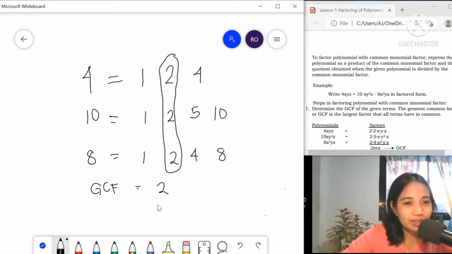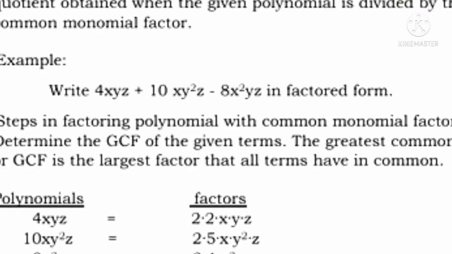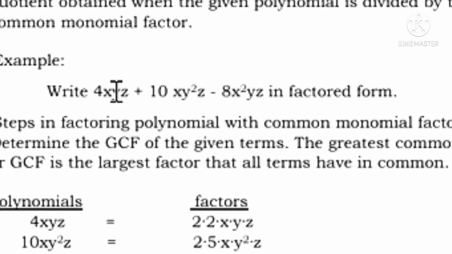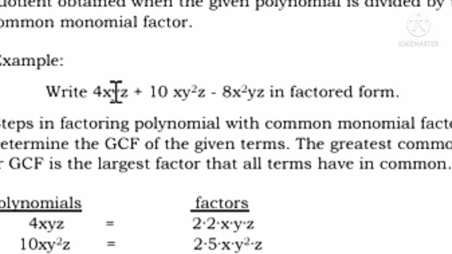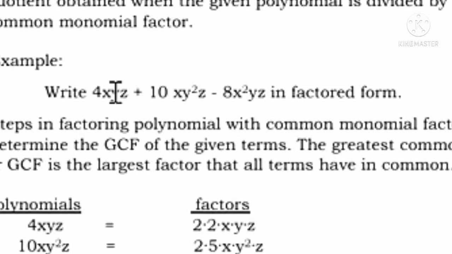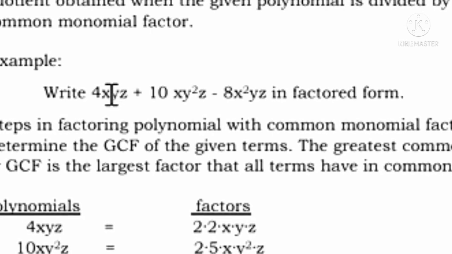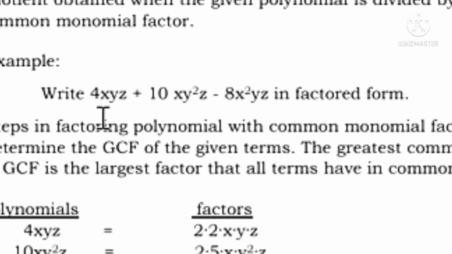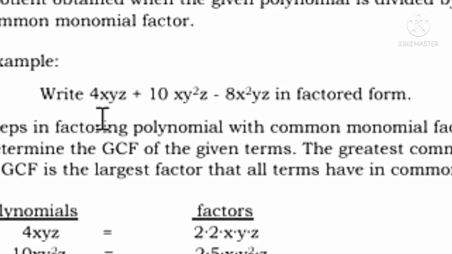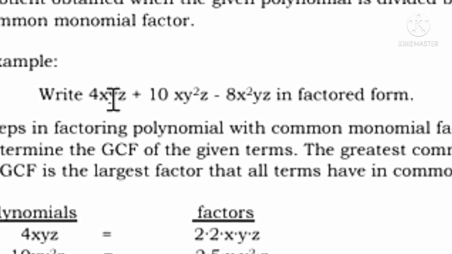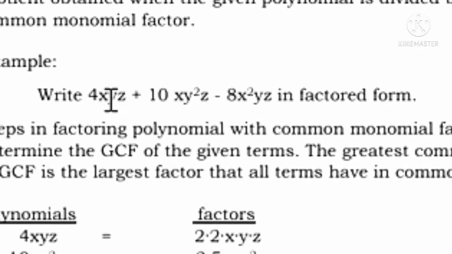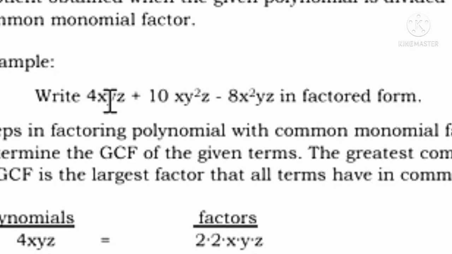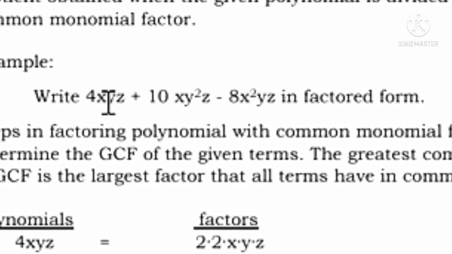Example, in terms of x, eto x raised to 1. Kapag wala kayong nakikitang exponent, meaning to say, meron siyang exponent na equal sa 1. Wala namang iba pang mas bababa sa 1 kasi hindi naman pwedeng magkaroon ng exponent na 0. So, x raised to 1 or the first degree is already the GCF.